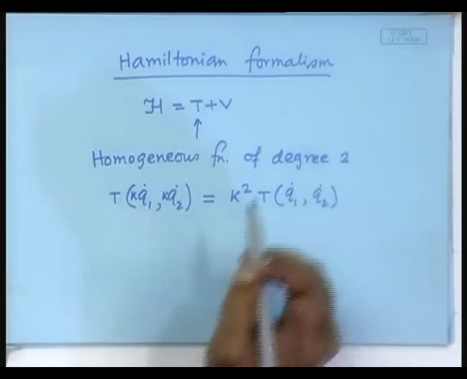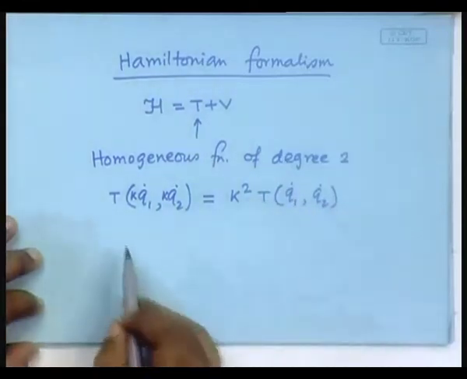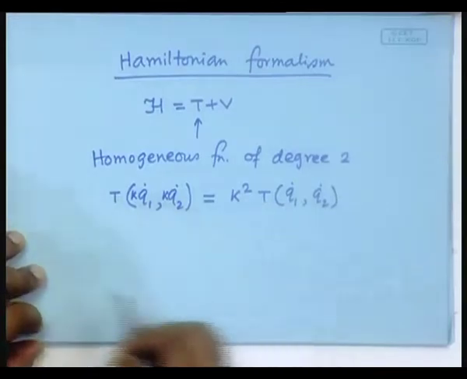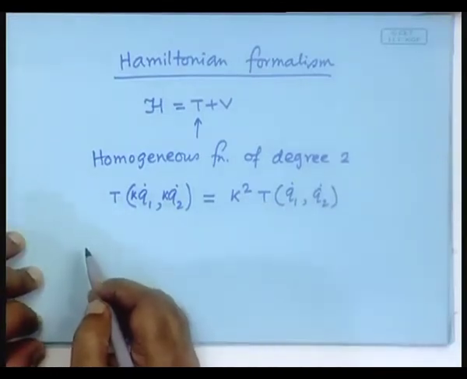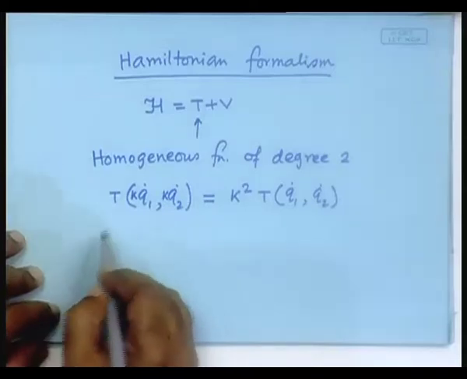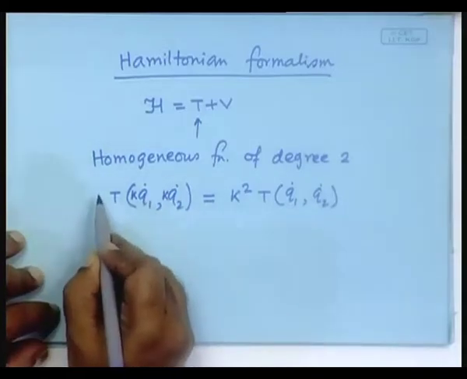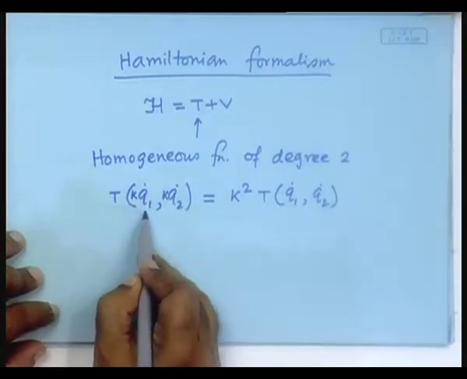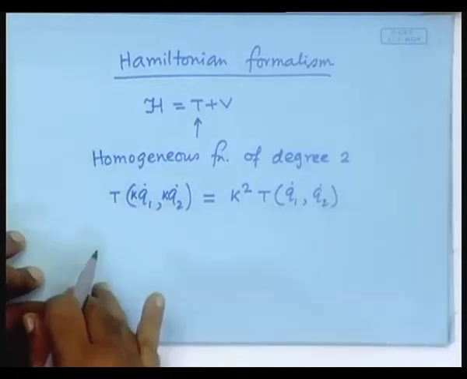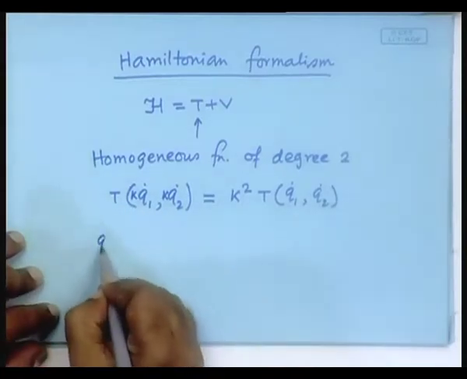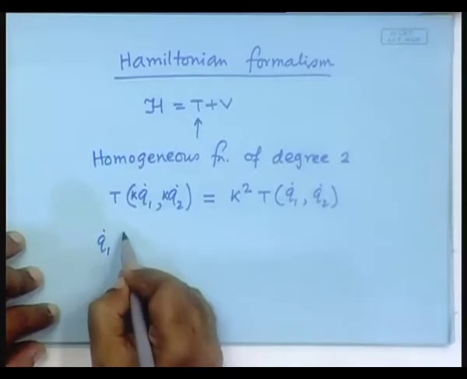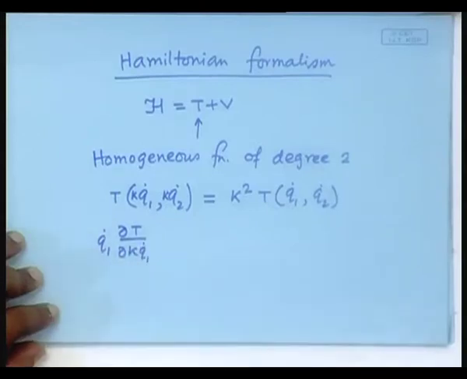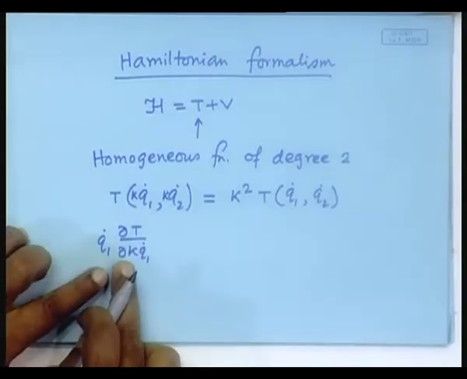So, suppose I now differentiate this equation with respect to k. What do you have? We will first say I am differentiating this with respect to k, then first I will have to differentiate with respect to k q1 dot, and then k q1 dot with respect to k. So, what do we have? We have q1 dot times the derivative of T with respect to k q1 dot, that is the first one, chain rule.